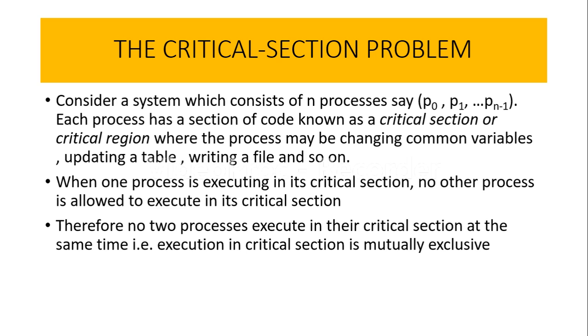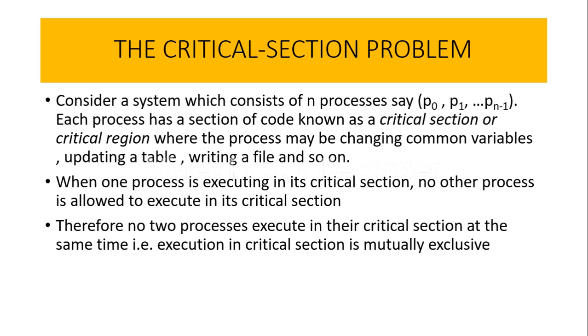Now to understand it more precisely, let me take one example. Here, as you can see on the screen, I am considering a system with n processes. For example, the processes are named P0, P1, P2 till Pn minus 1.